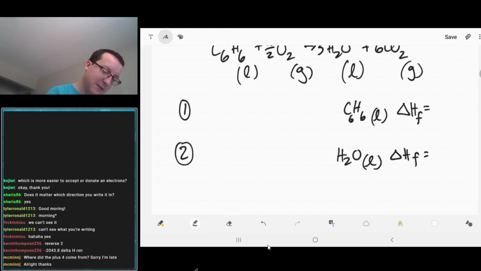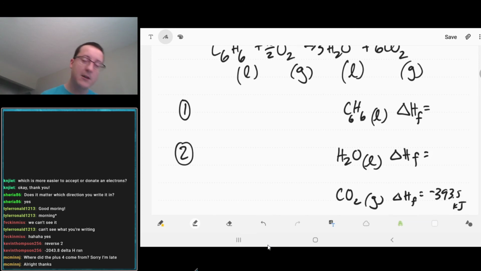And the last one is carbon dioxide gas, which we already have probably memorized by now because combustion is so common. Negative 393.5 kilojoules. Again, the table that I've put up for you is part of your homework. I've put it in the description for your homework, and it's also in Discord in our extra resources area, if we need that.